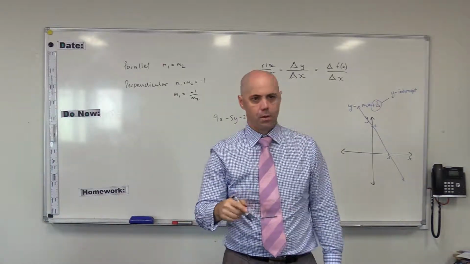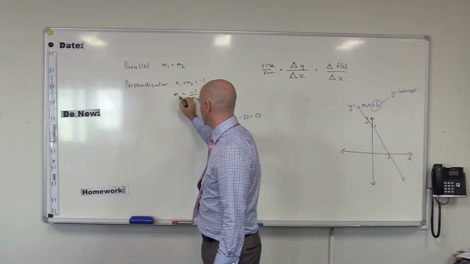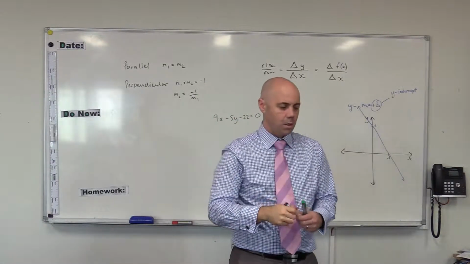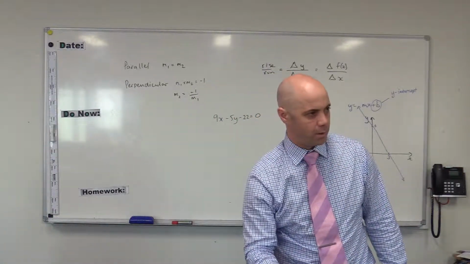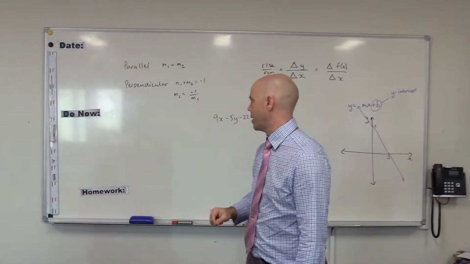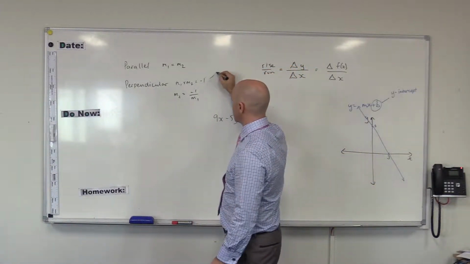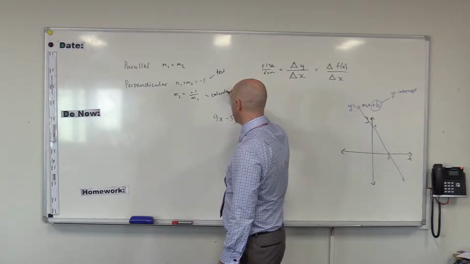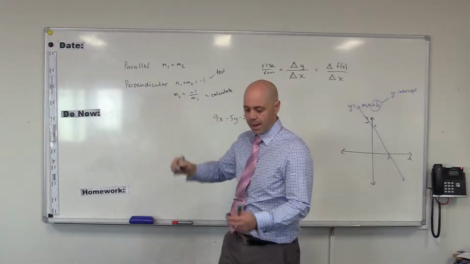You put -1 over the gradient you know, and that's the new perpendicular gradient. So this is a way of testing, and this is a way of calculating.